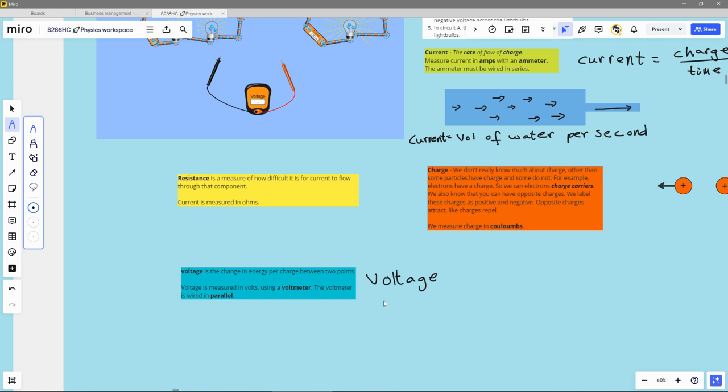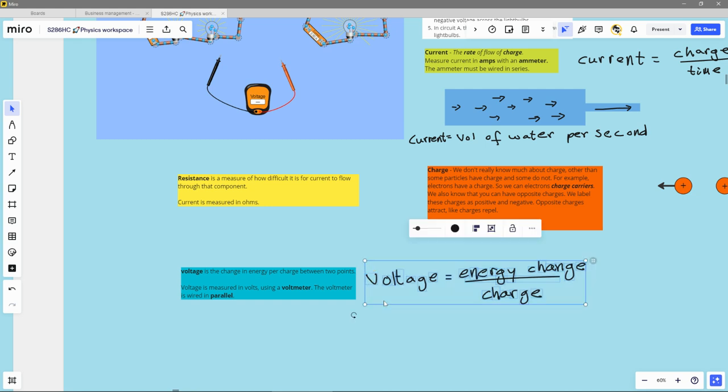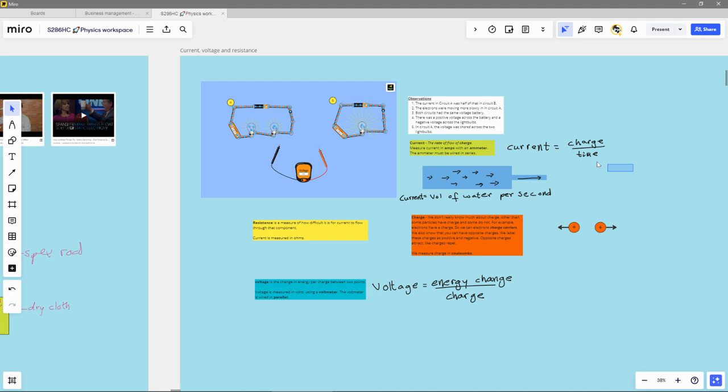So voltage is equal to the energy change divided by charge. That's the equation that defines what voltage is. Let's group this as well.